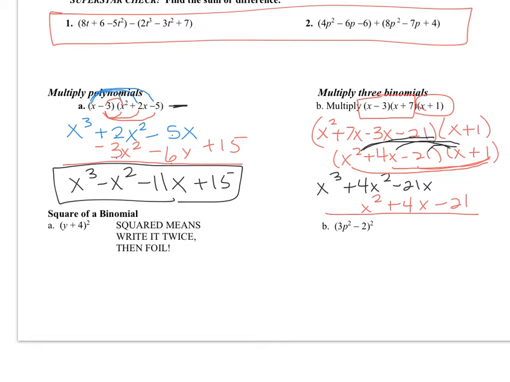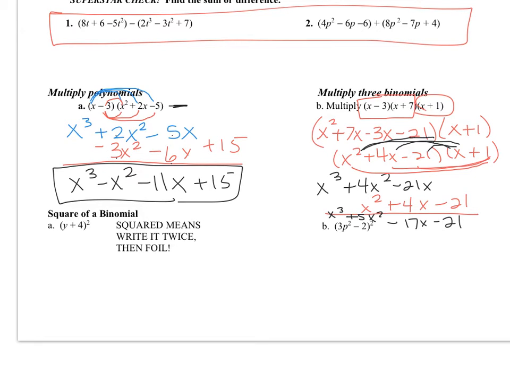And then you just combine like terms down. So this will be x to the third plus 5x squared minus 17x minus 21. Sorry, it's kind of squished in there.